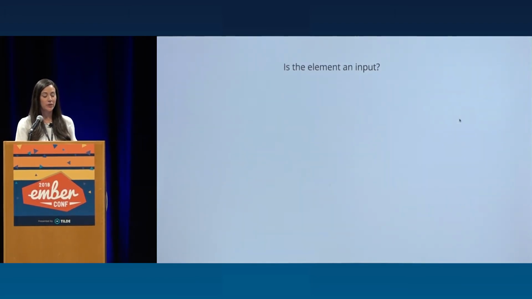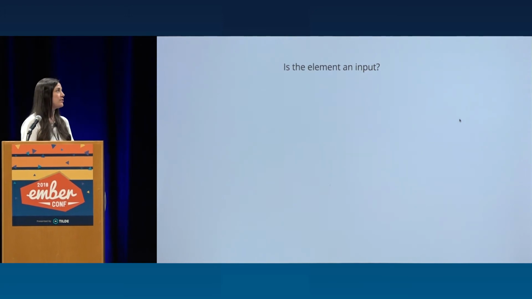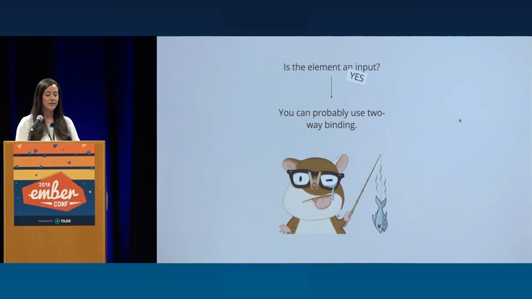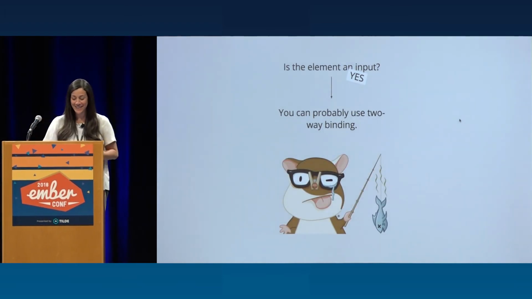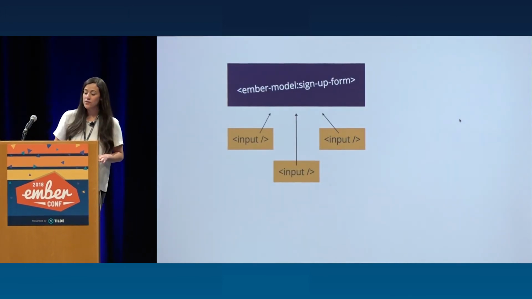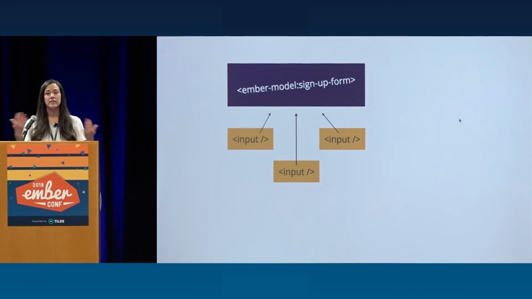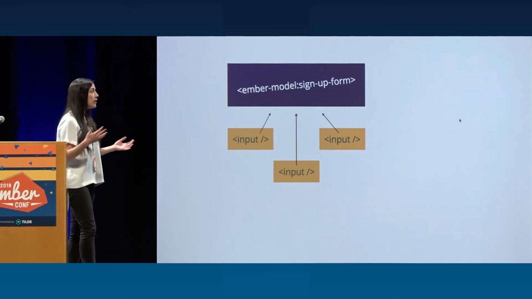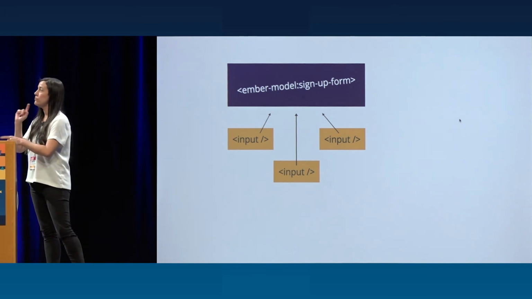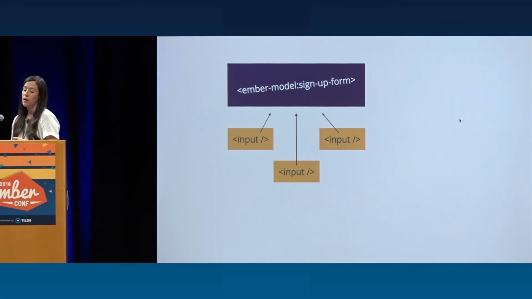So again, we start thinking about what questions we have. Is the element an input? If it is, then you could probably use two-way binding. Hear me out. Let's take the sign-up form model that we were discussing before. We have all of these inputs that are bound to the model.